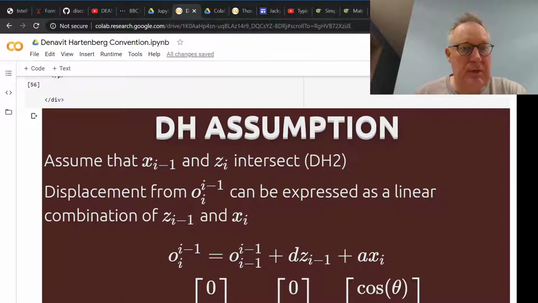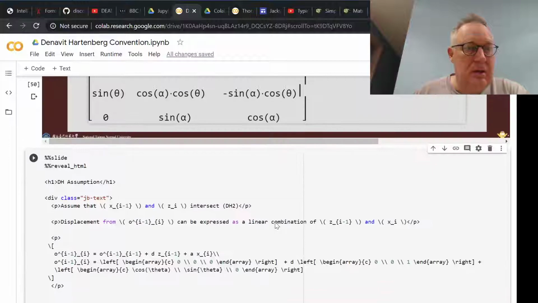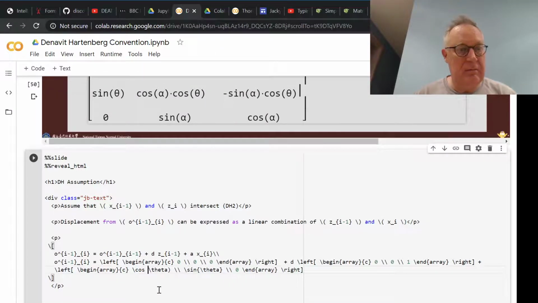There's no displacement here, plus the displacement along z, plus, and then we rotate to align with x. That rotation depends on the joint coordinate, theta. And I want to get rid of the brackets here.